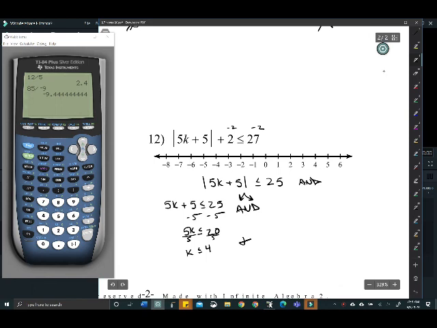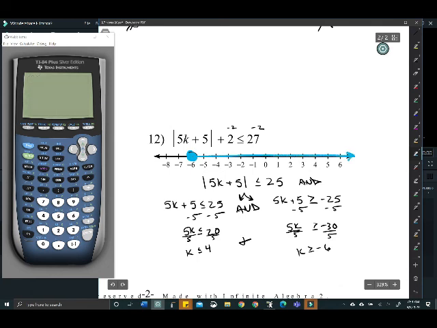And so 5k plus 5 greater than or equal to negative 25. I'm going to subtract 5, negative 30, divide by 5. k is greater than or equal to negative 6. Okay, let's check it out here. Negative 6 greater than or equal to, and, okay, so I'll draw it to the right.